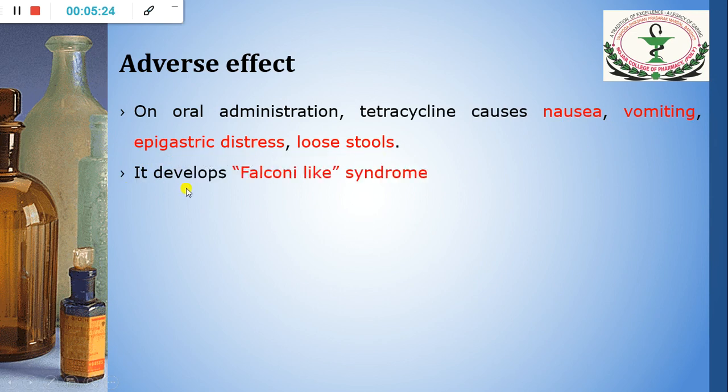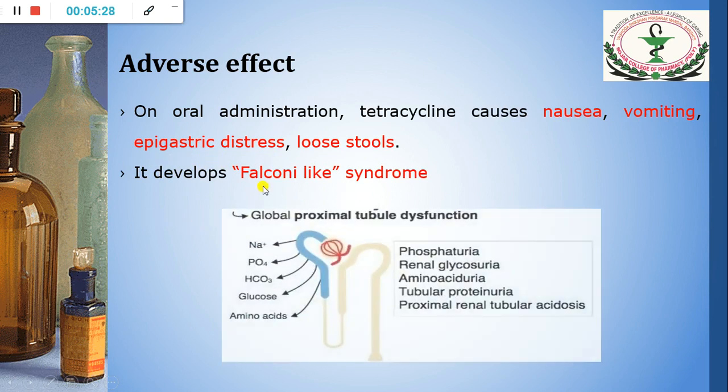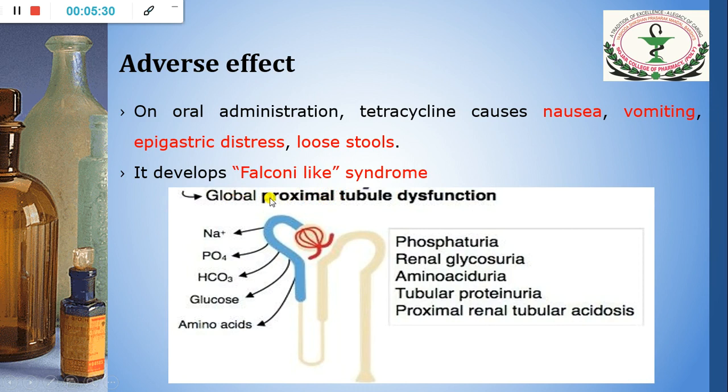It develops a Fanconi-like syndrome. Now, Fanconi-like syndrome means a proximal tubule dysfunction. What will happen is that the permeability of the proximal tubule is changed here, and that may lead to reabsorption of phosphate, glucose and amino acid not taking place here.